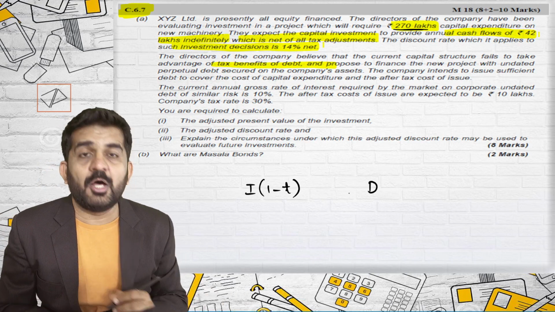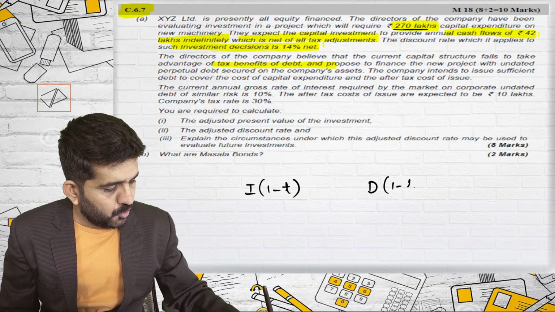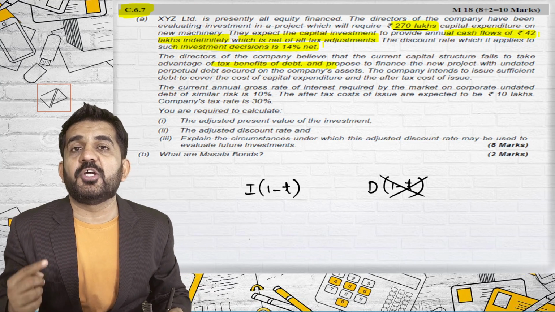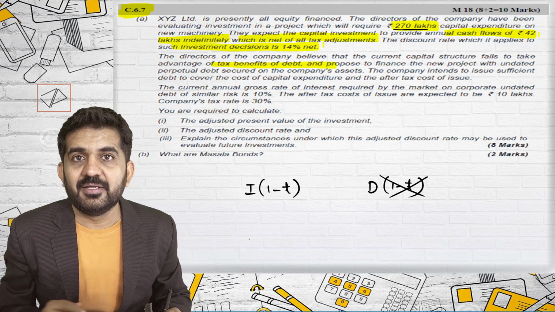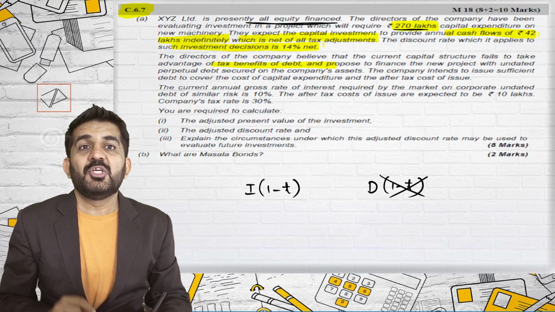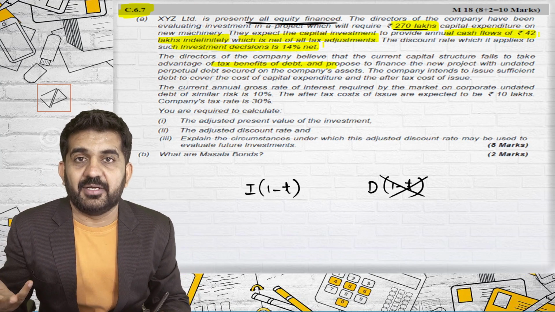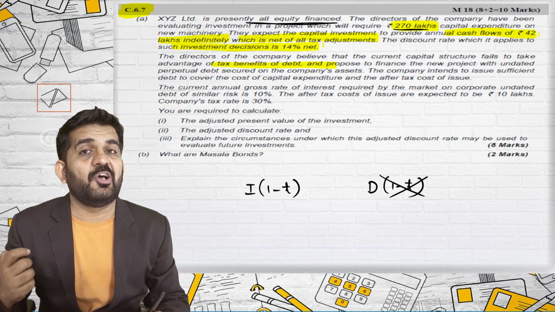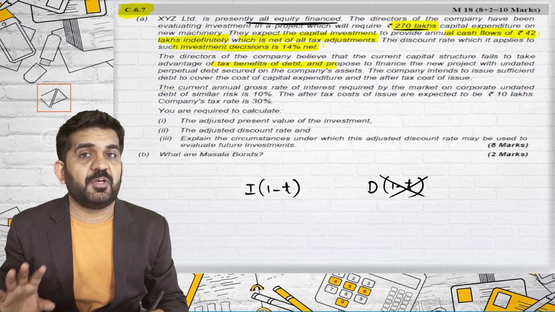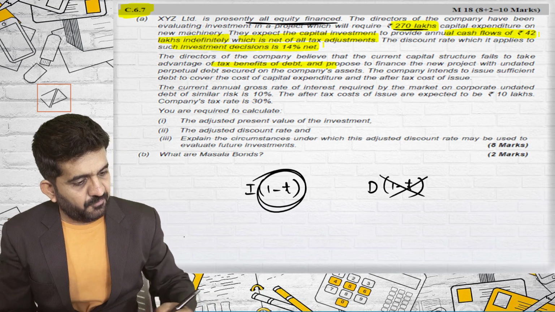But when you write down dividend, either on preference shares or equity shares, you don't write down 1 minus T because tax benefit does not happen on dividend. You are an all equity financed company, so you might not be getting tax benefit on your interest or dividend. The tax benefit is available only on interest on debentures or interest on bank loan. It is not available on preference shares or equity shares. So the director feels that you should take this benefit of 1 minus T.